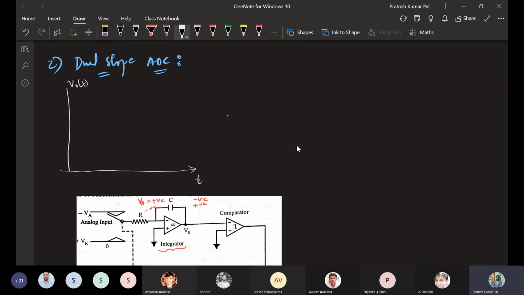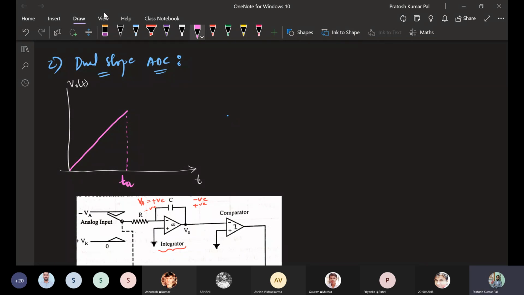if initially we are providing a negative value, then the output, when the time is ta, will be like this.